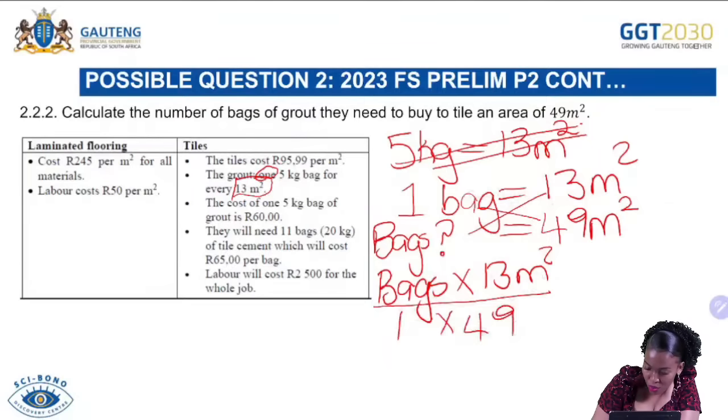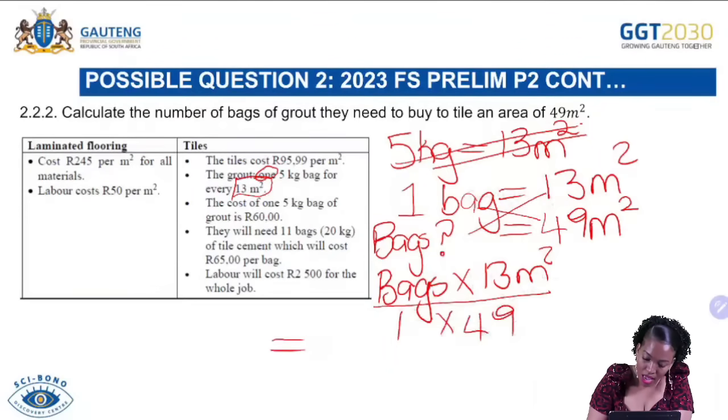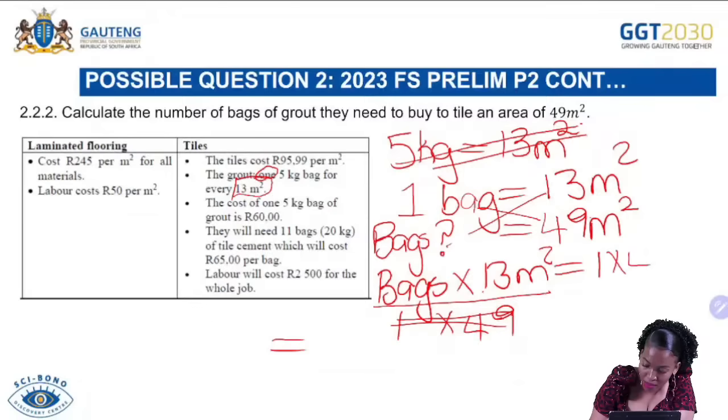This must be equals to, I said we are cross multiplying, bags multiplied by 13, and then this side we have 1 multiplied by 49 meters squared, which is equals to 49 meter squared.